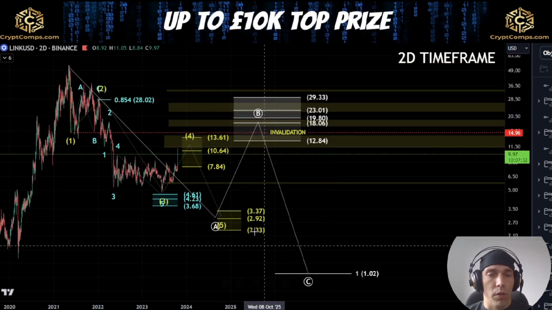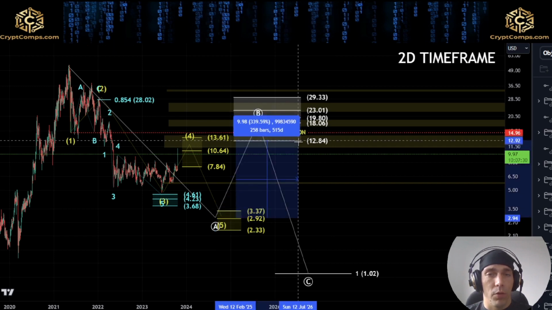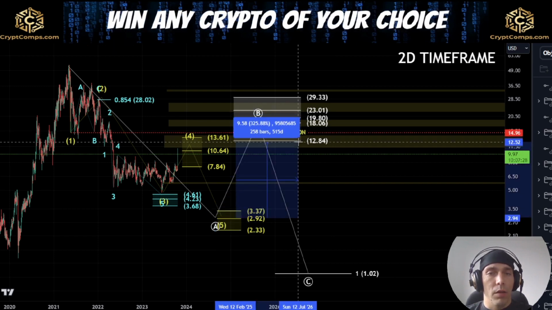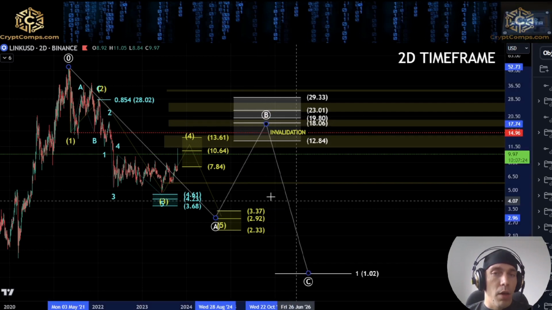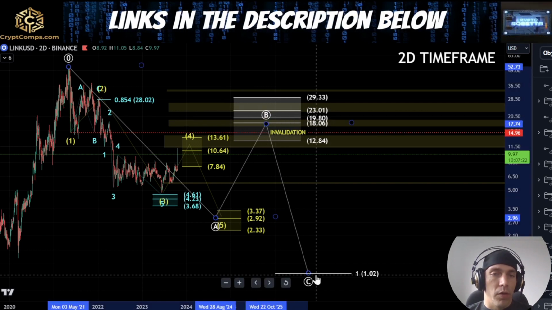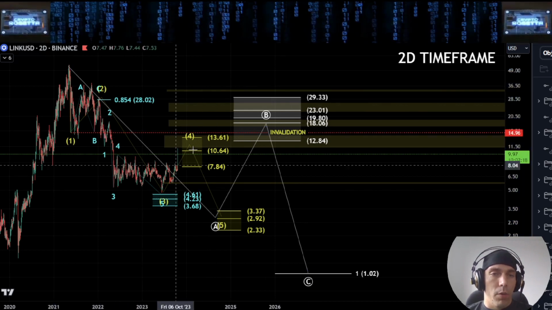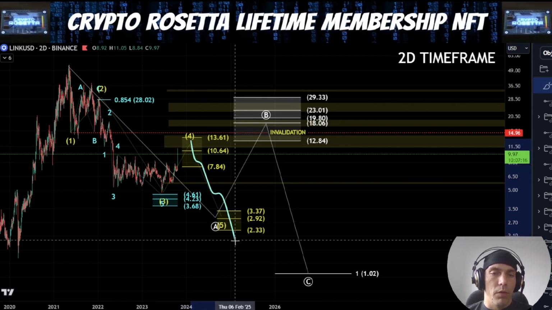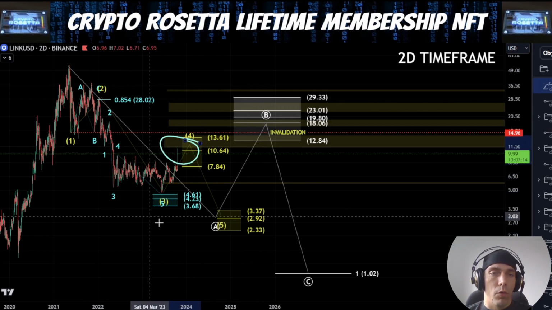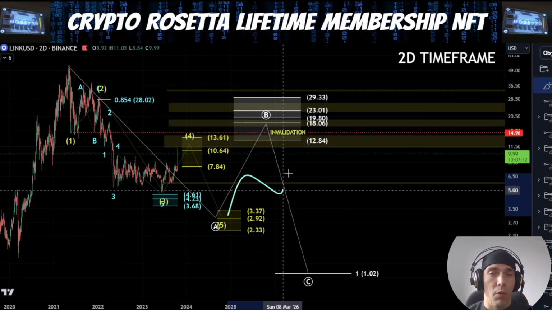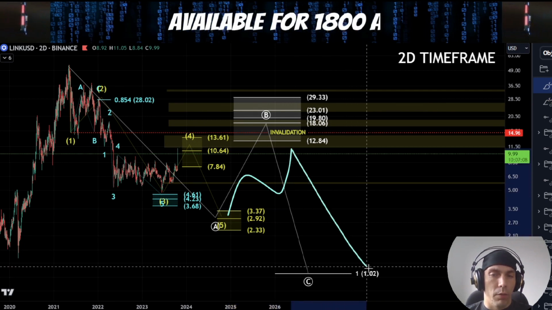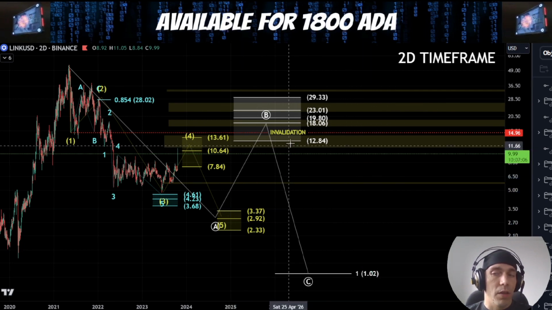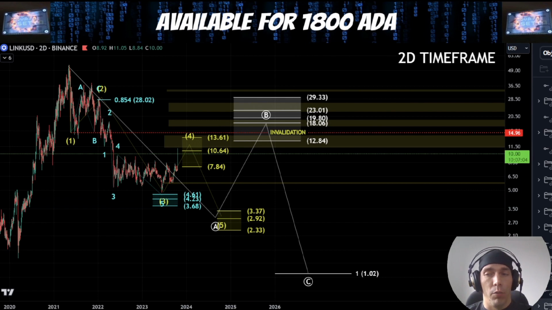Well, it would be a rather significant pump to the upside, to be honest with you, but nevertheless we would still be looking for the possibility of a B wave up here and then looking for this C wave to the downside. If this is a 1, 2, 3, 4, and 5, and we do get 5 waves down here, I'm going to be watching this zone of the fourth wave as a possible area where we could see an interaction with the B wave before looking for that C wave down, because this is something that occurs quite a lot within Elliott wave counting.